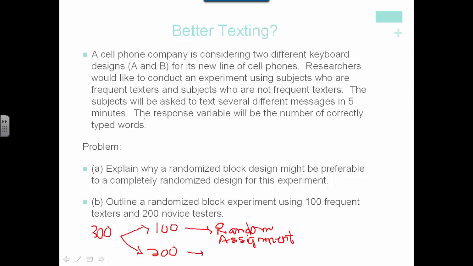We would then, in the first group, have 50 look at type A, and we would have 50 look at type B. We would then compare the mean number correct.